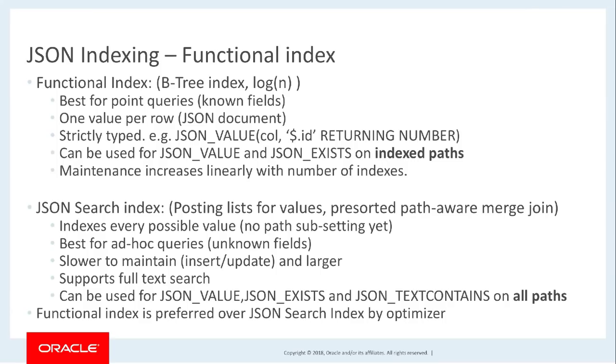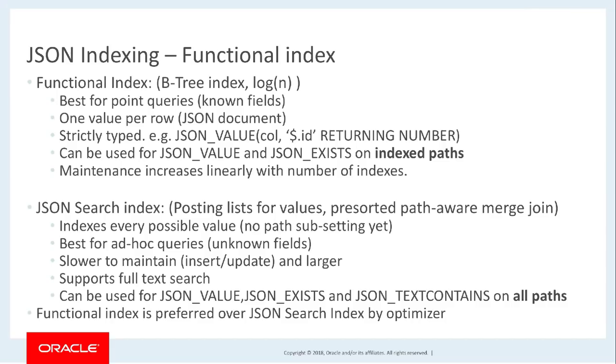So the JSON search index uses a different underlying data structure, which is posting lists. It's based on the text index, but it has been made aware of the path. So it is not text indexing the entire document. We're not just running a text index on the document. Instead, we have information about where or under which path expression the value occurs.